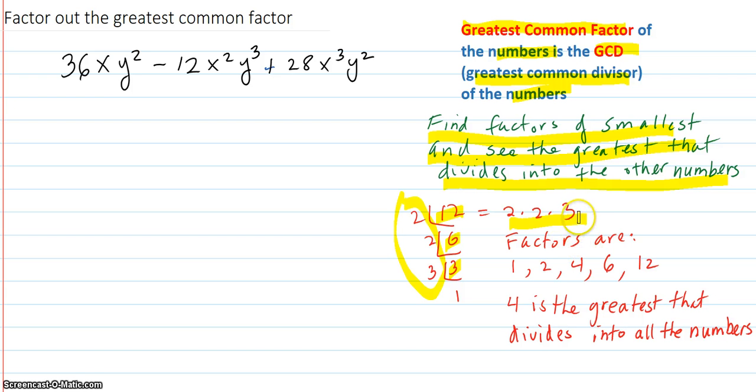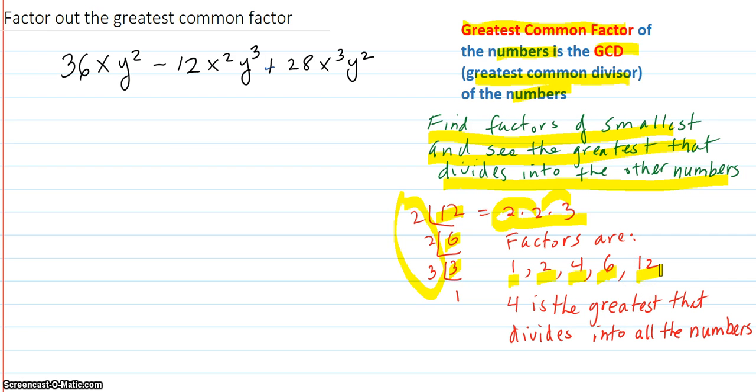So the factors that can be made out of that, that can possibly go into these other numbers, are 1, of course, 2, because there's a 2, 4, because 2 times 2 is 4, 6, because 3 times 2 is 6, and 2 times 3 is also 6, and then of course the whole number itself, 12.